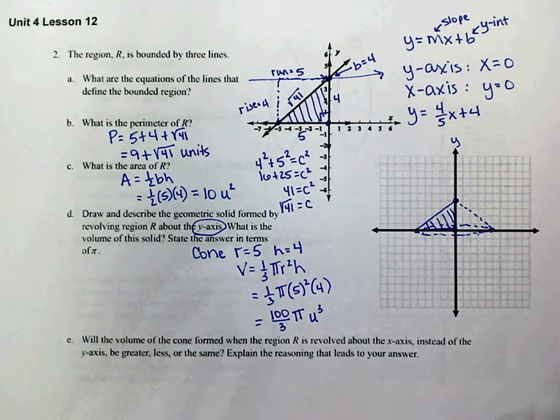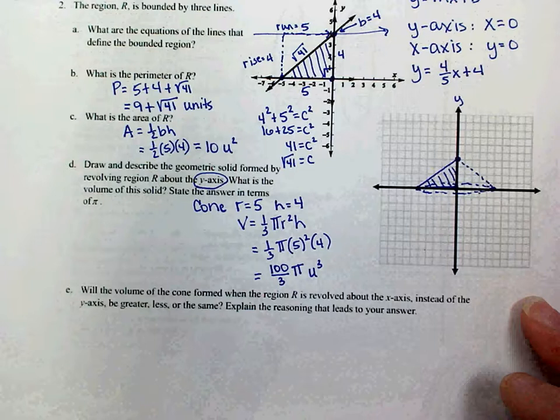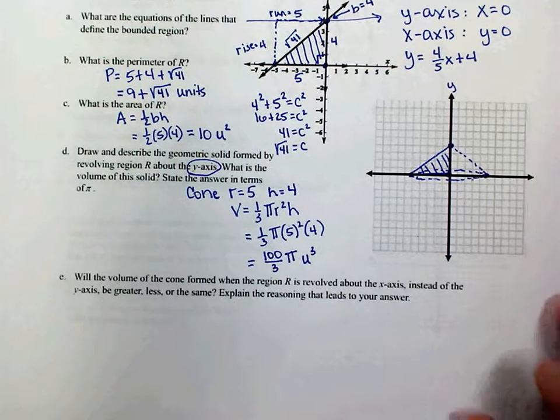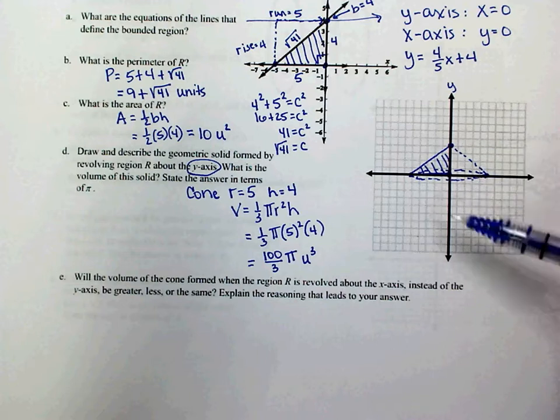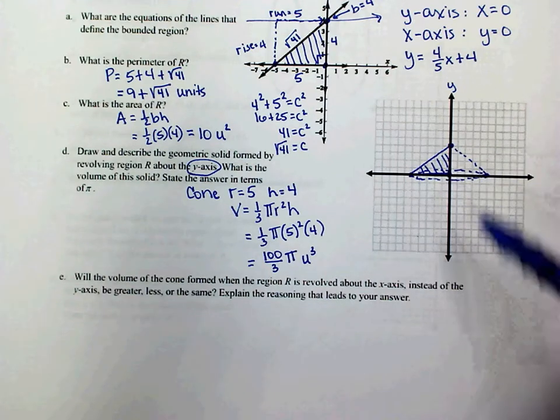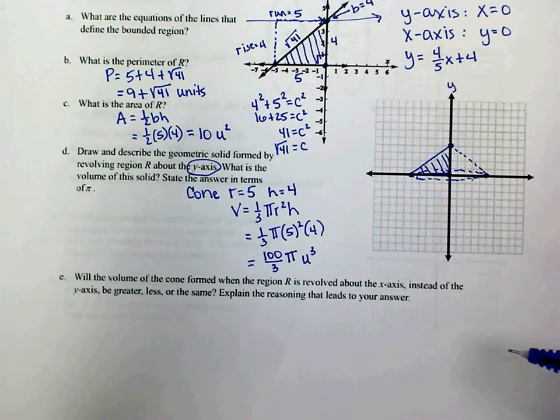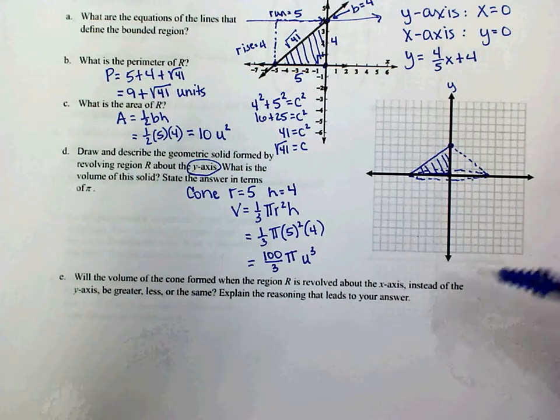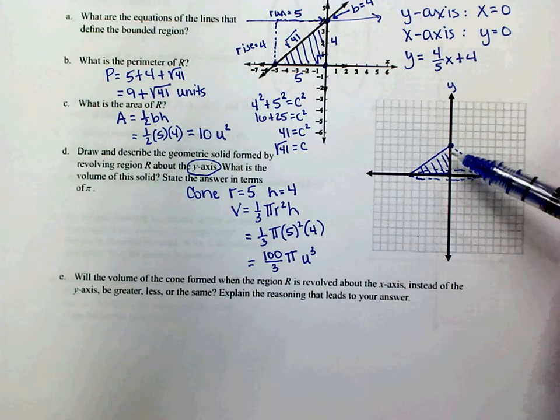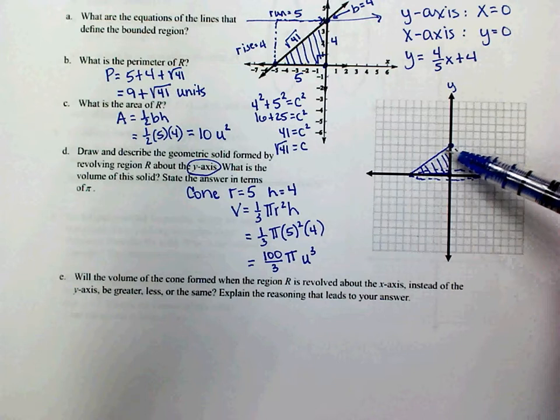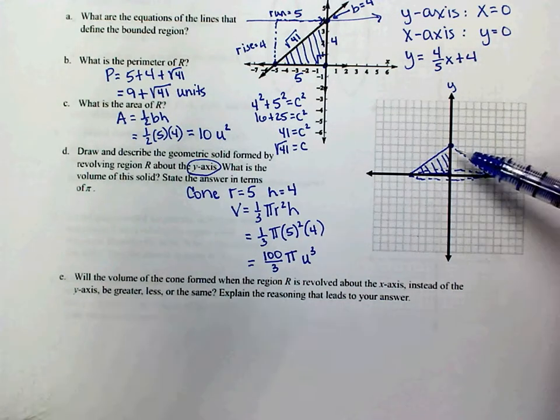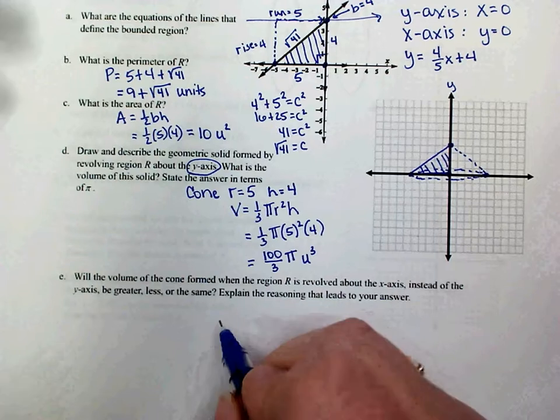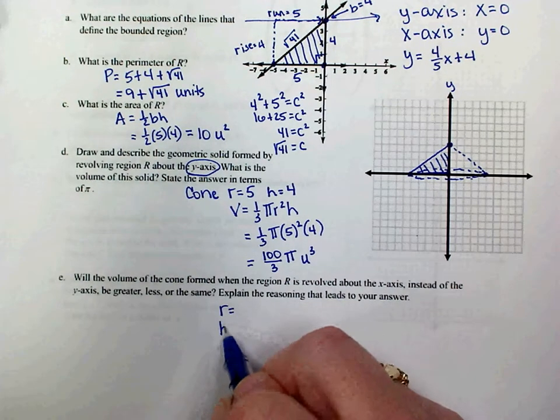Now part E says, will the volume of the cone formed when region R is revolved about the x-axis instead of the y-axis be greater, less, or the same? So we don't have to draw it, but we need to think about it. If I took this triangle and revolved it around the x instead of the y, let's think about what our radius and our height would be of this new cone.